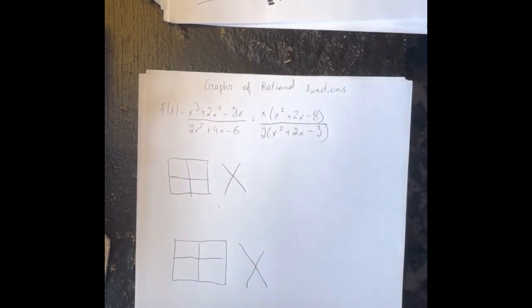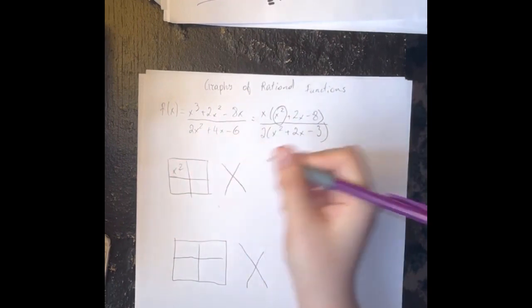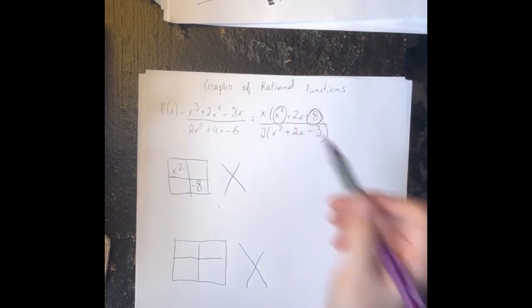This is where we shift to the boxing method. This number goes over here, and then this one here. I meant variable.